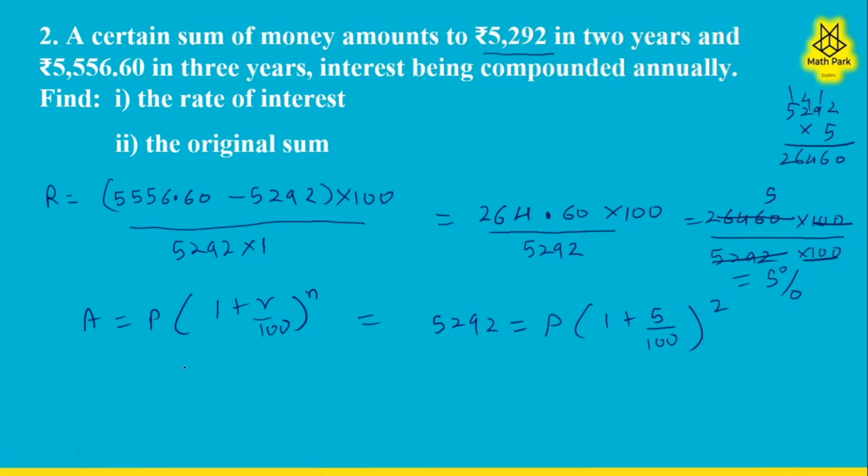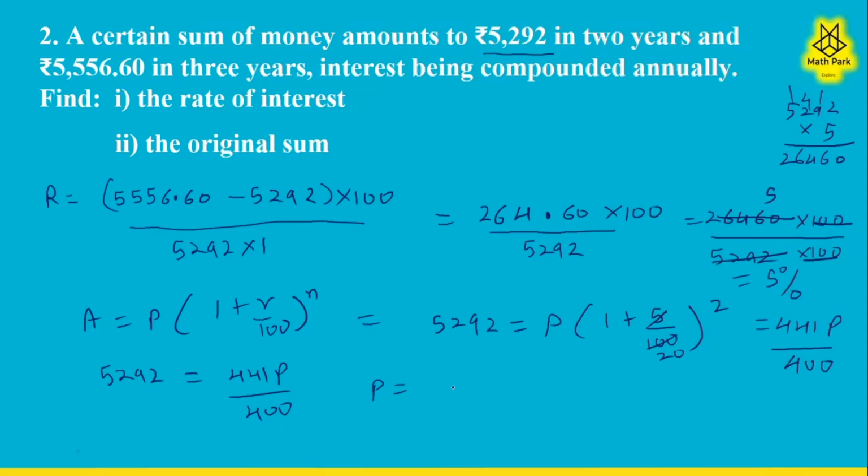On simplifying this, we get 5,292 equals, 5 ones are 5 and 5 20s are 20 plus 1, 21. So this is going to be 21 squared, which is 441, P upon 20 squared, which is 400. So you get 5,292 is equal to 441 P upon 400. Keeping P here, shift that side.